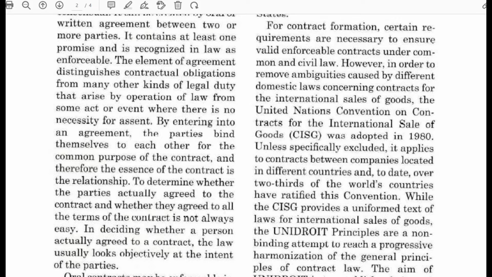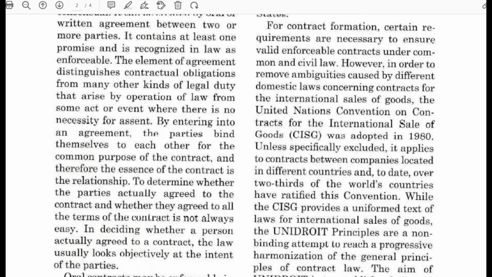Unless specifically excluded, it applies to contracts between companies located in various countries, and to date, over two-thirds of the world's countries have ratified this convention.